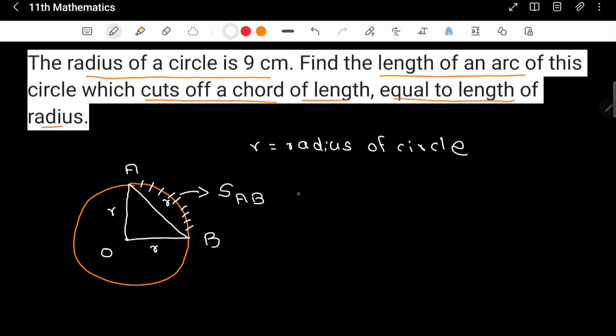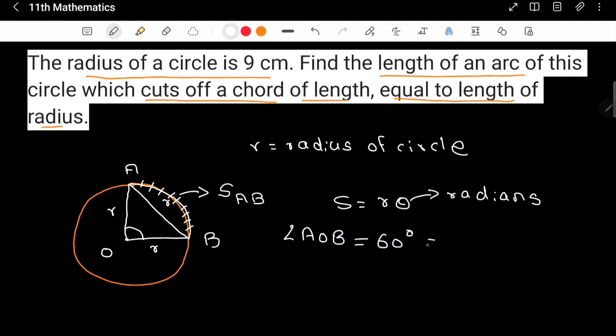Now, from the length of arc formula, we know S is equal to R theta, where theta is in radians, and R is the radius of the circle. Theta is the angle subtended by this arc at the center of the circle, which is this angle. Now, since triangle OAB is an equilateral triangle, we have angle AOB is equal to 60 degree, which is 60 into pi by 180, which is pi by 3 radians.